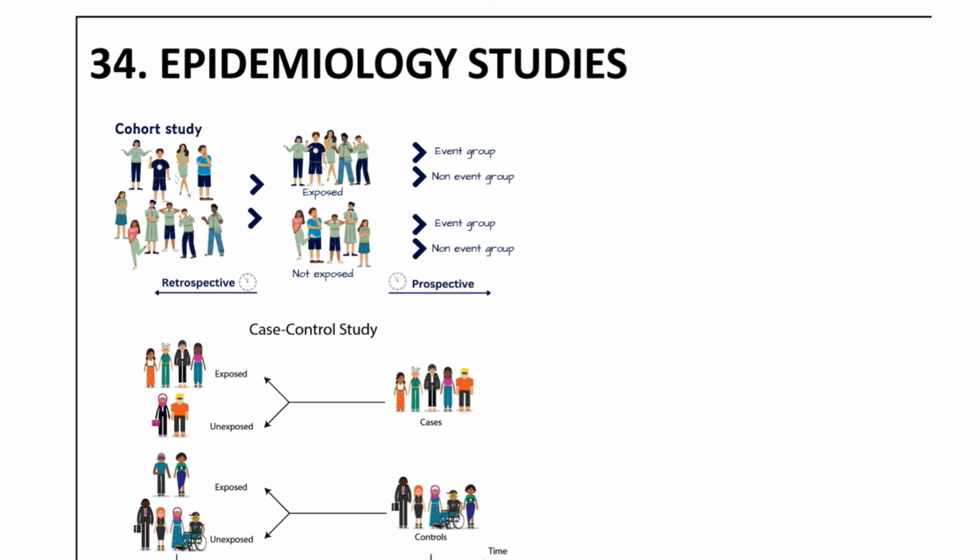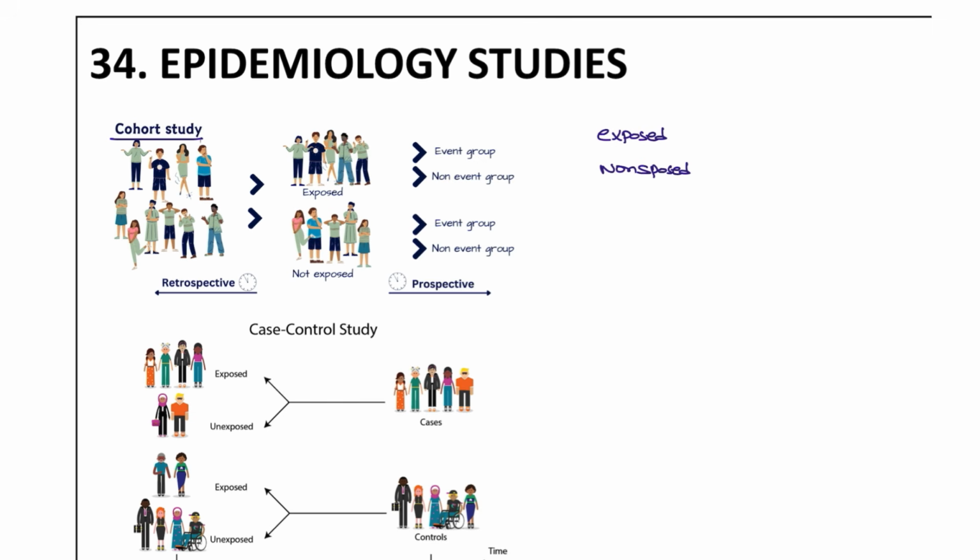Epidemiological studies, as we discussed, cohort study. So for example, you take the cases and also non-cases, right? So you are looking at the population. Two population groups you are going to take. One is exposed, one is non-exposed, right?